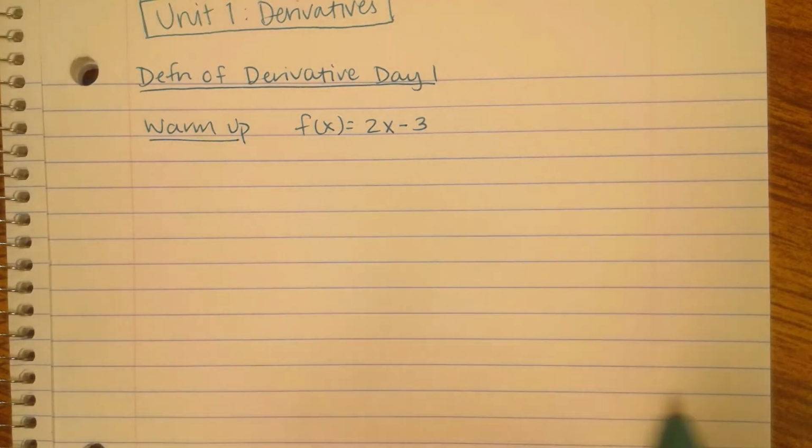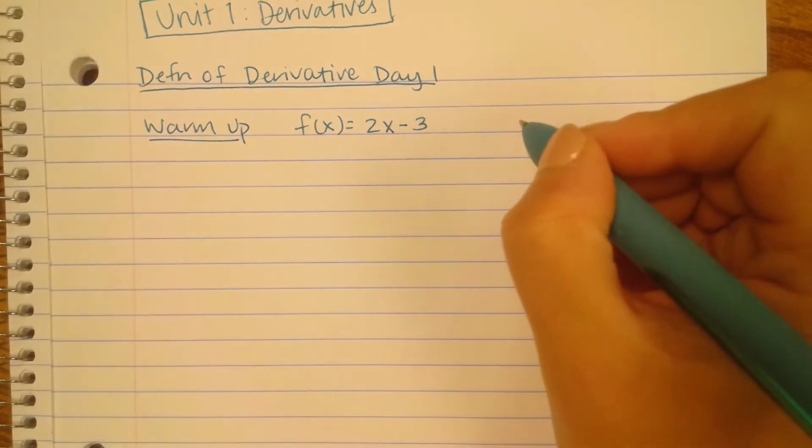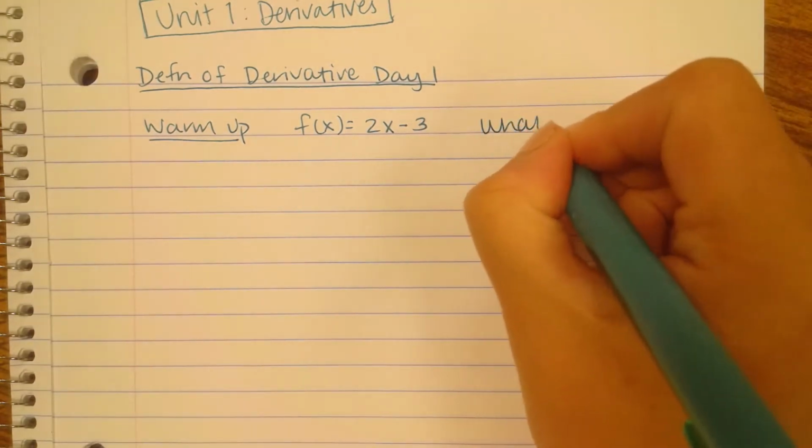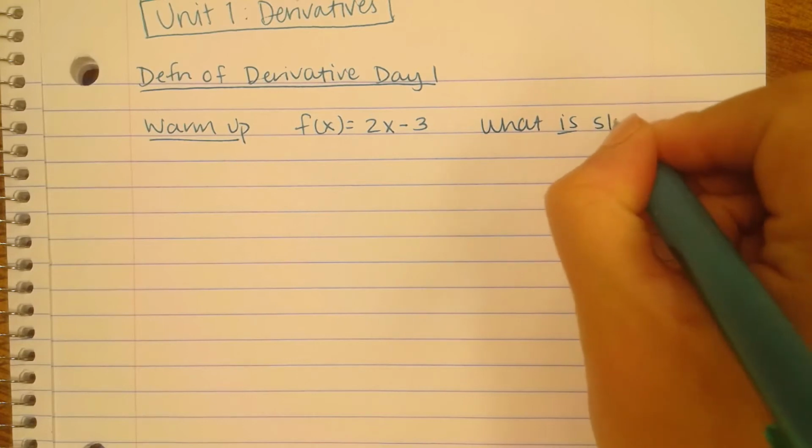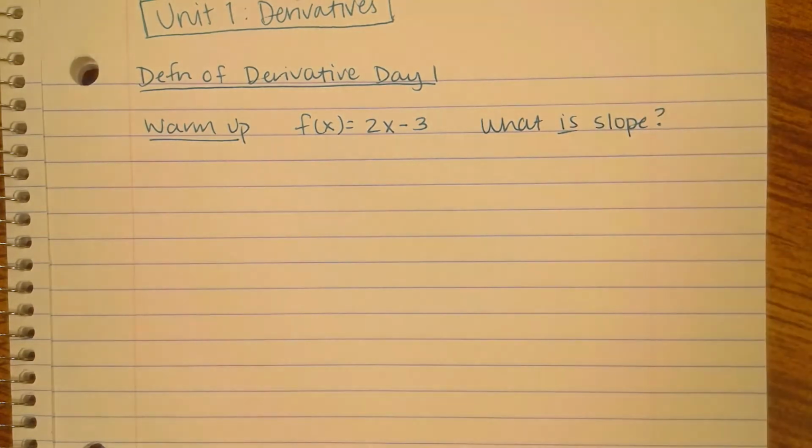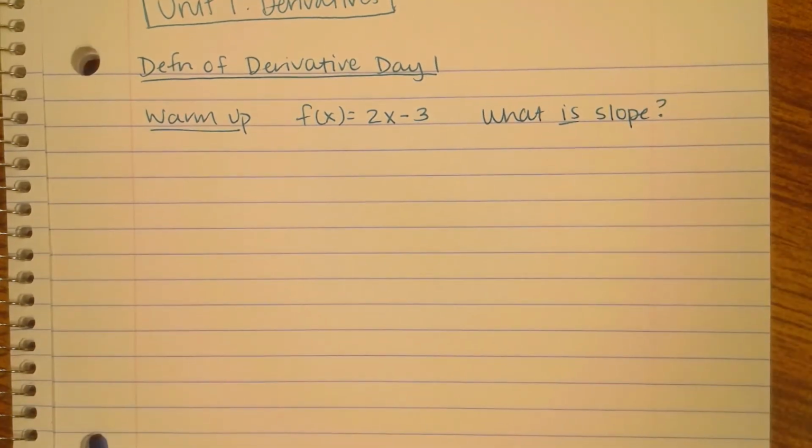But more importantly than what is the slope of this function, let's ask the question, what is slope? We throw around that word slope a lot. We talk about it in a lot of algebra classes, and we have a lot of different definitions of what we think it is and how we describe it. So to get our brains moving, how can we describe what slope is?